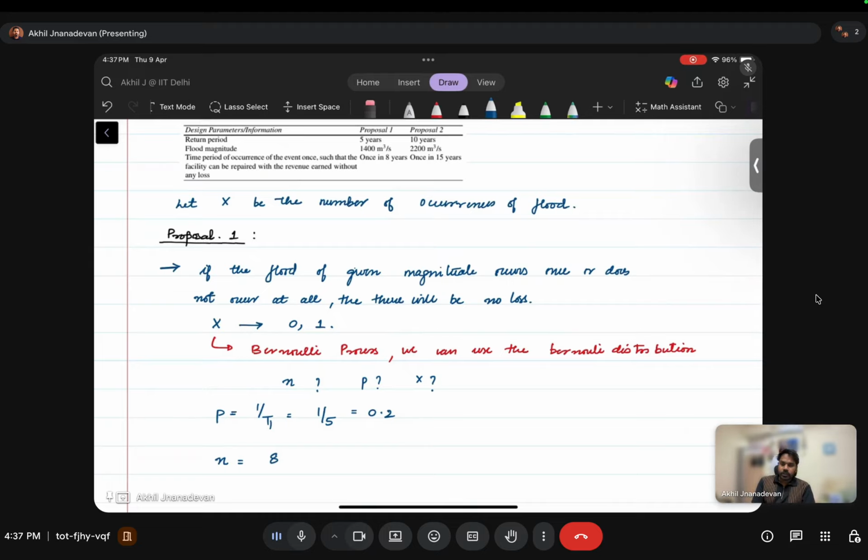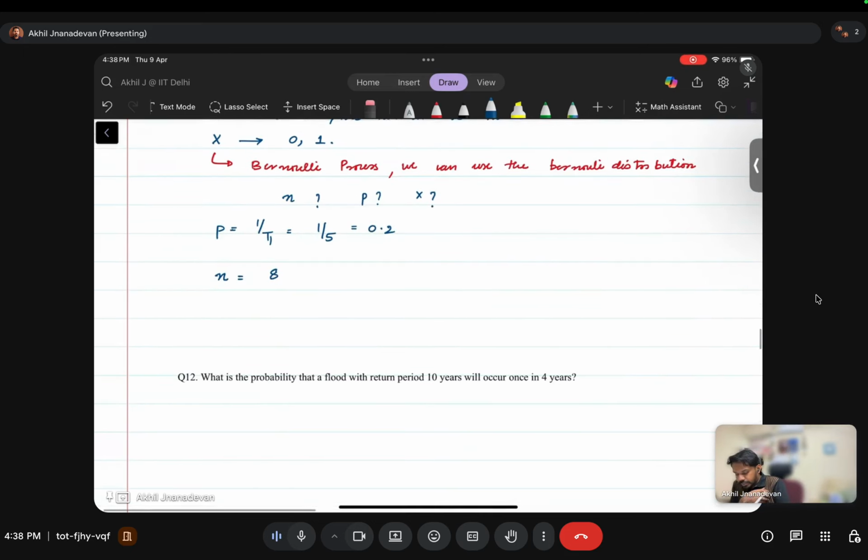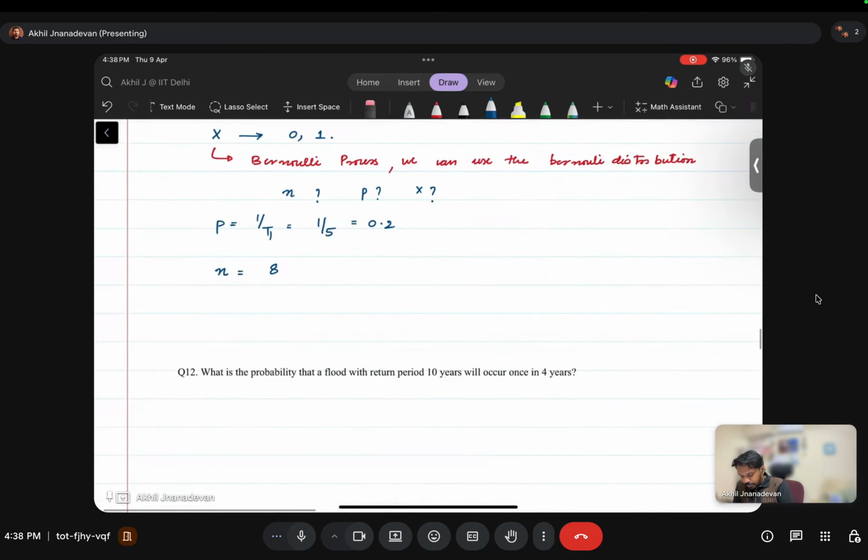The maximum number of years we consider is 8 years, because a minimum of 8 years is required to get the revenue to repair it, right? So n is equal to 8.